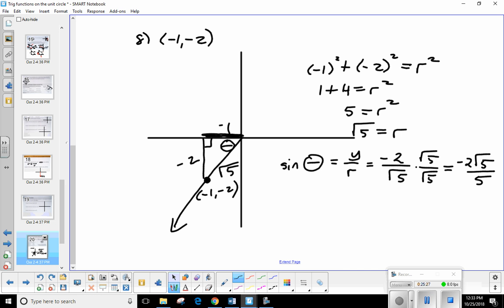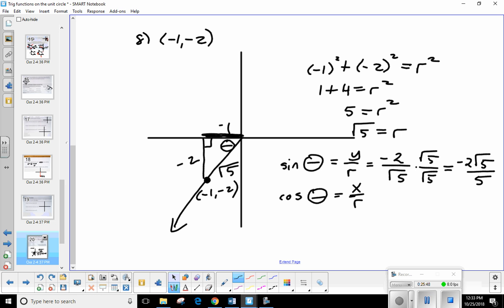Now we want cosine of theta. What's cosine? It's x over r. And is this a problem on the unit circle? No, because the radius is not 1, right? But is it changing anything? It's not changing a thing.